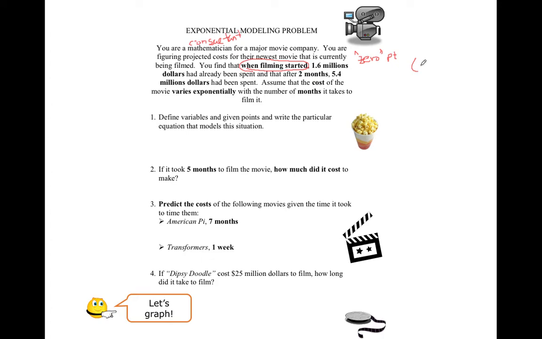When filming started, time was 0 and money was $1.6 million. So let me write X is time. What's my time measured in? And Y is millions of dollars.